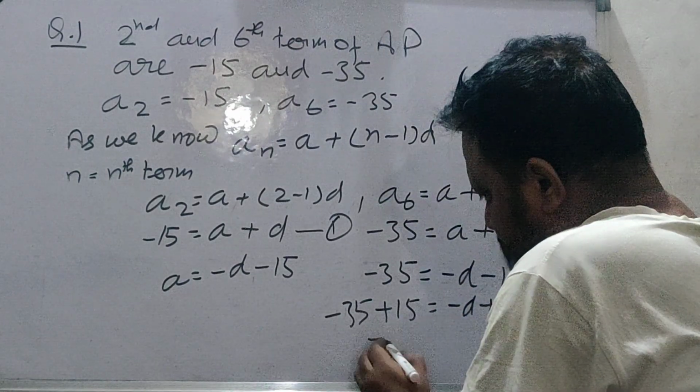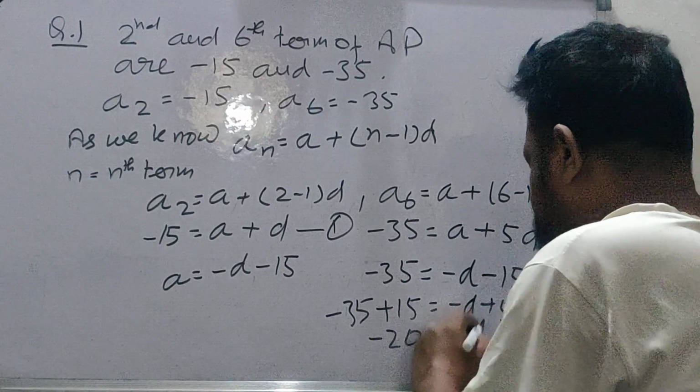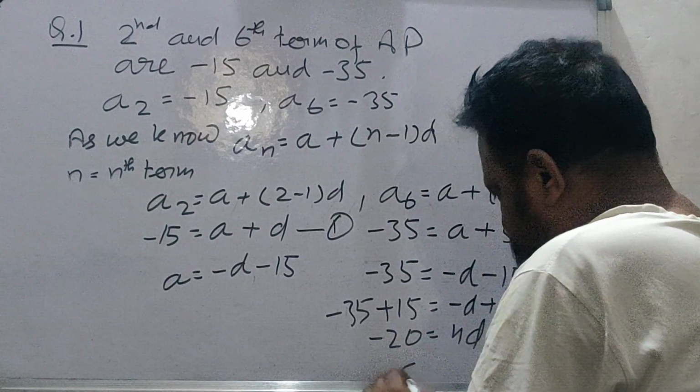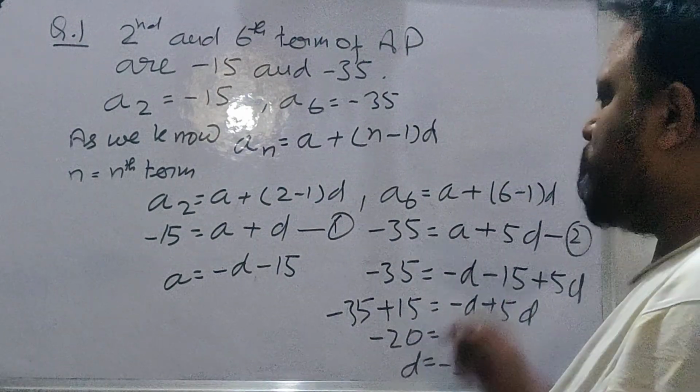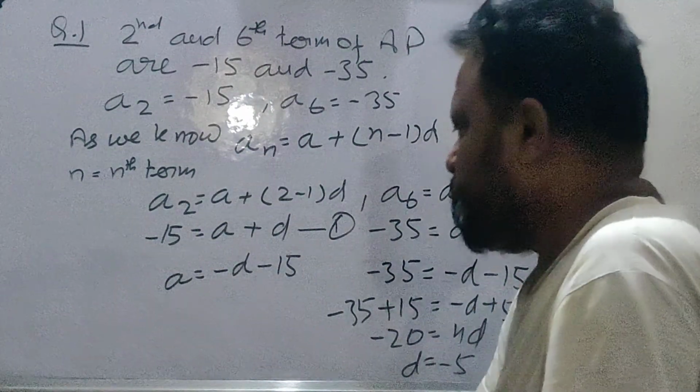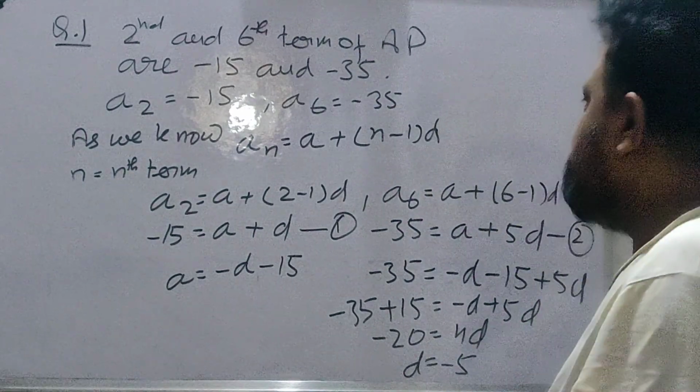So it becomes minus 20 is equal to 4D. So we can say that D is equal to minus 5.